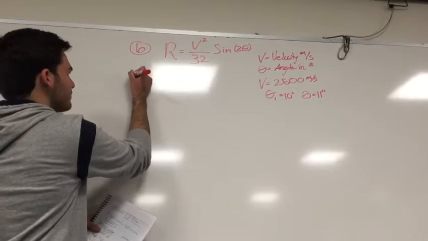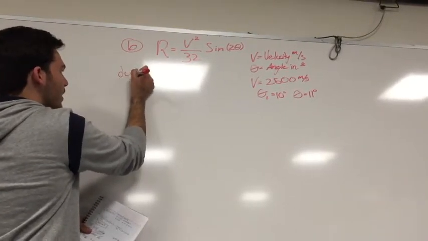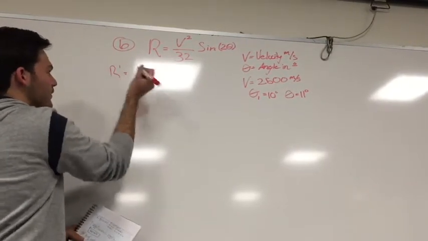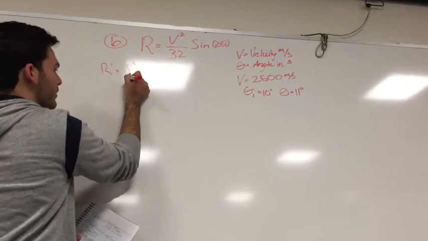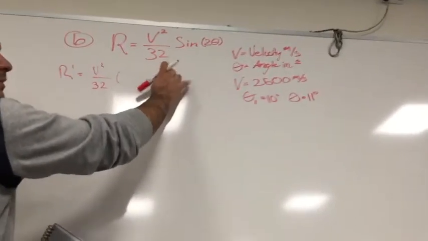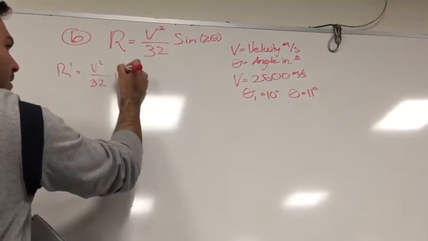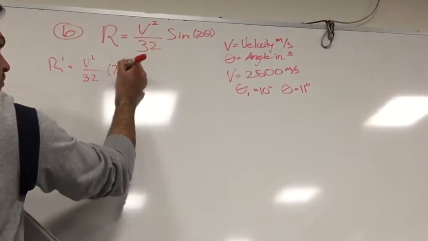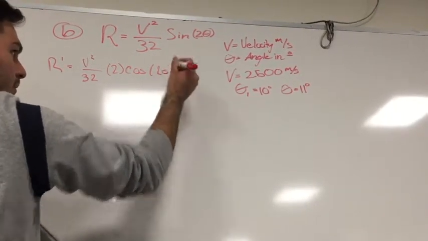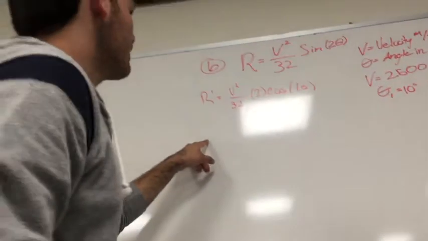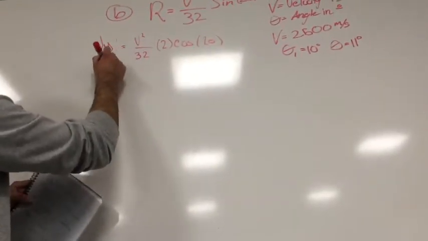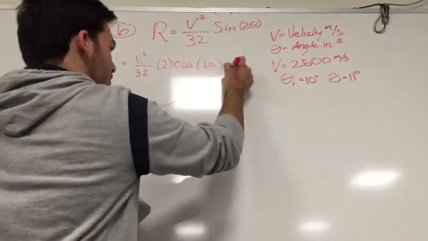So it will be dy equals r prime, v squared over 32 times the derivative of sine, which would be, with the u going here, 2 cosine 2 theta. Now what we have to do is change this to dy over dx, and dx goes right over here.